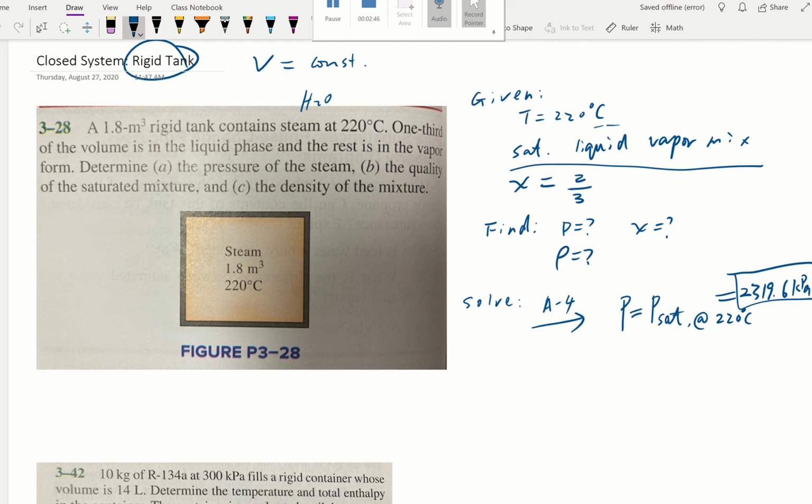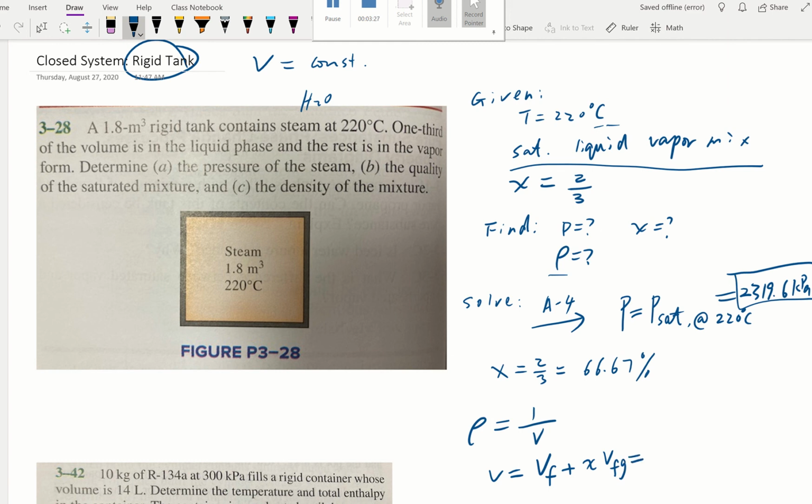Then the quality is 2/3, or in percentage form, about 67 percent. And then the last one, the density. In thermodynamics, we don't use density that much. However, we know density is basically the reciprocal of specific volume. So can we find the specific volume for this problem? Again, this is a mixture, so we use the equation for a mixture, v equals vf plus x vfg.